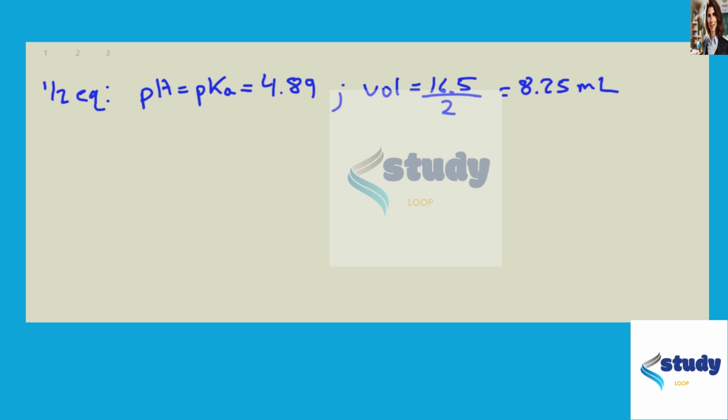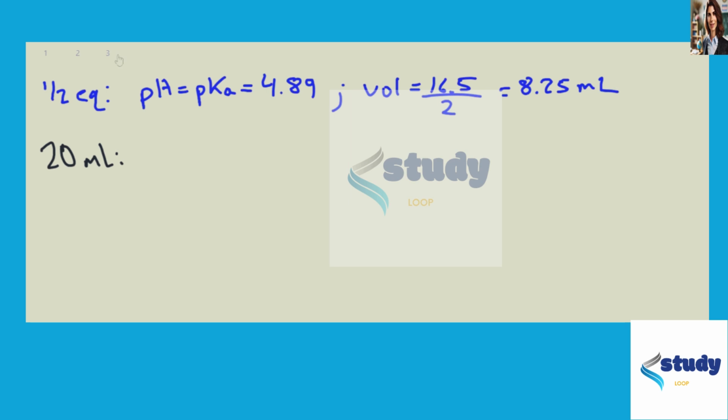Now it asks us to calculate 2 more points, 20 milliliters of added base. So at this point, we have the base being dominant, the strong base. So we need to calculate the excess hydroxide.